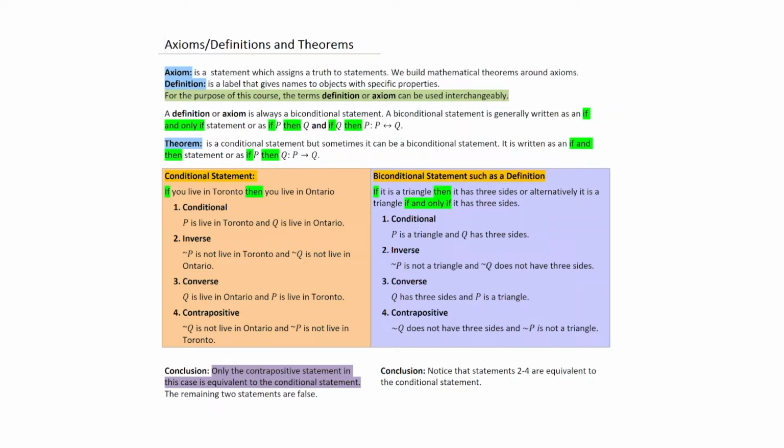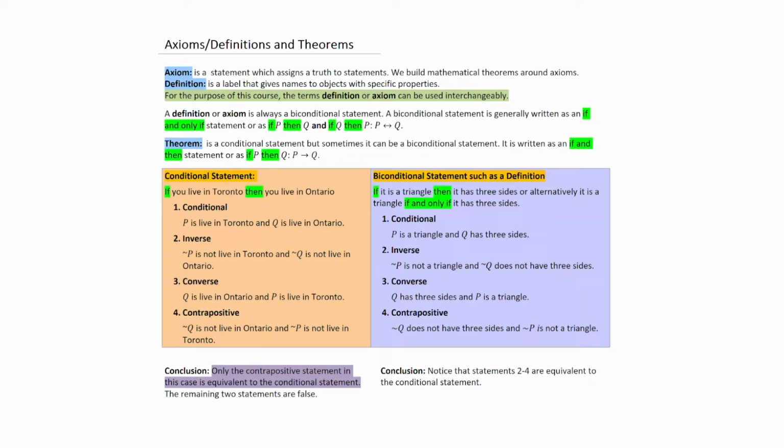So the main point is that a definition or axiom is always a biconditional statement. And a biconditional statement is generally written as an if and only if statement. And if you put it in codified form, then it would be if P, where P is something that you want to state, then Q, and if Q, then P, right? That in combination basically is an if and only if statement.